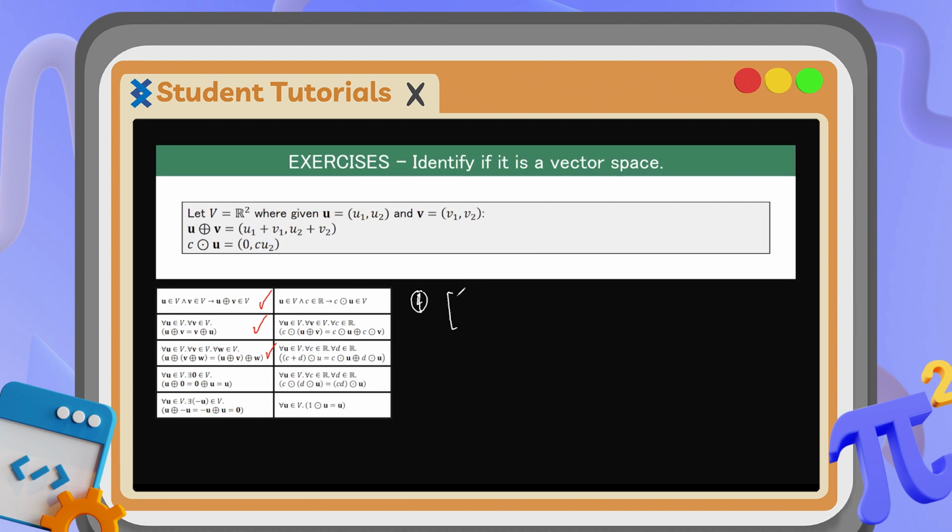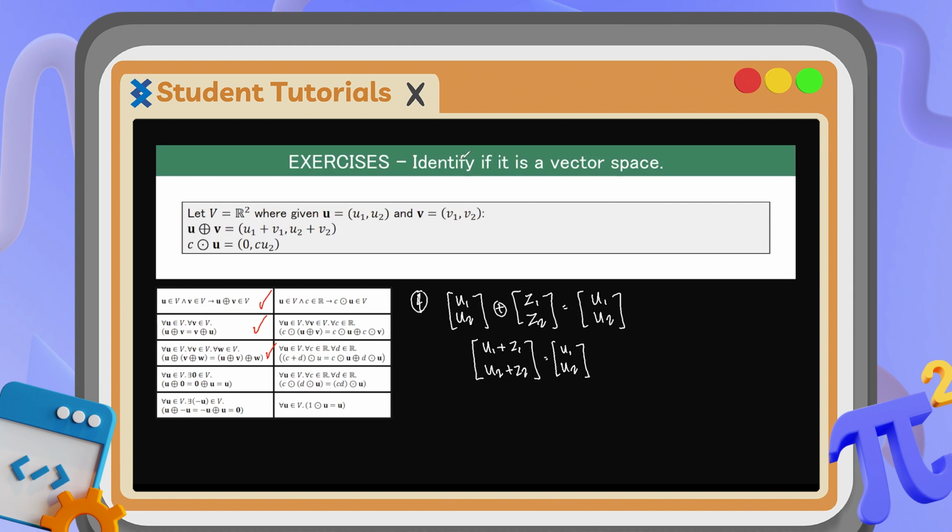Okay, so if this is our vector u, applying vector addition to, let's call this our 0 vector, z1, z2, should equal u1, u2. And applying the vector addition operation here, when we add them together, that gives us u1 plus z1, u2 plus z2. So this is the result that we have so far.